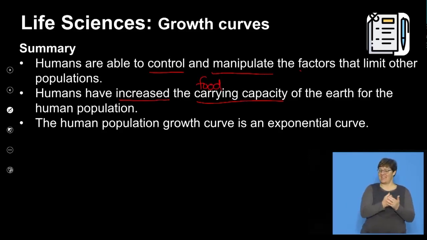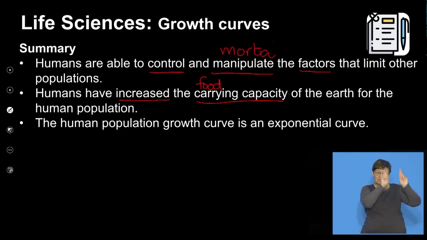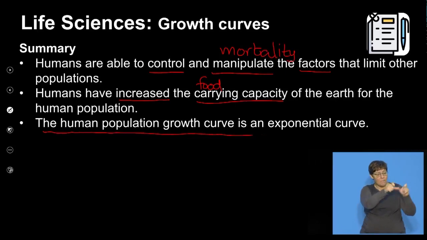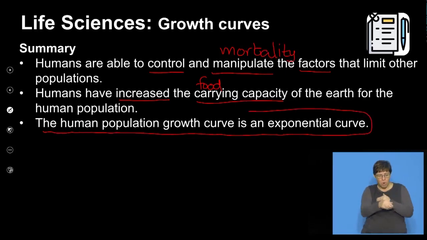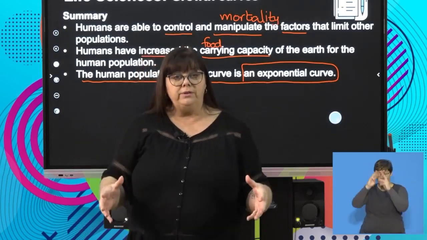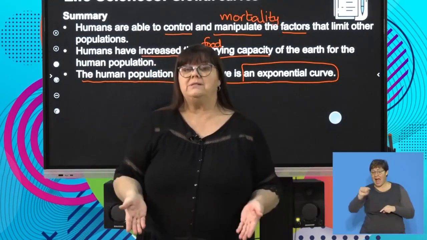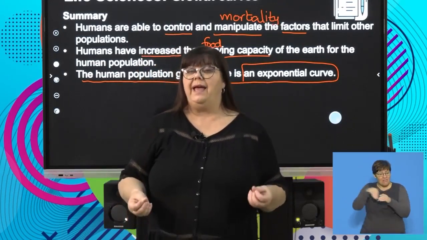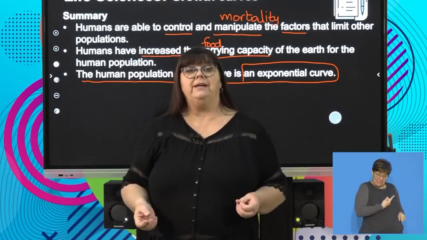We're able to manipulate factors such as mortality with the use of medicines. And as a result, the human population growth curve is an exponential curve, and very importantly, there are serious consequences for us in terms of what is going to happen to the earth, to the other organisms that we share the earth with, and to the human population in the future.